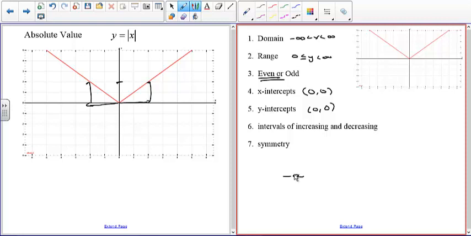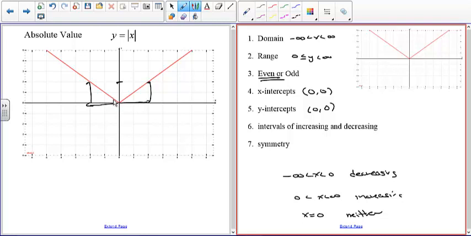From negative infinity to 0, it's decreasing. From 0 to positive infinity, it's increasing. And at x equals 0, it's neither. Because right here, it's like being on a pinhead.